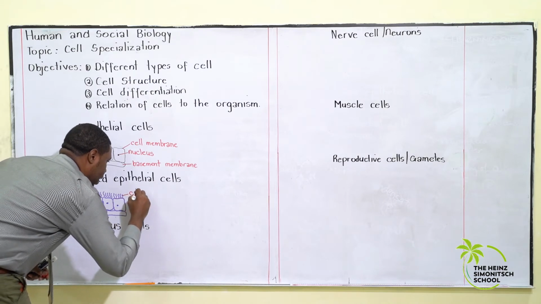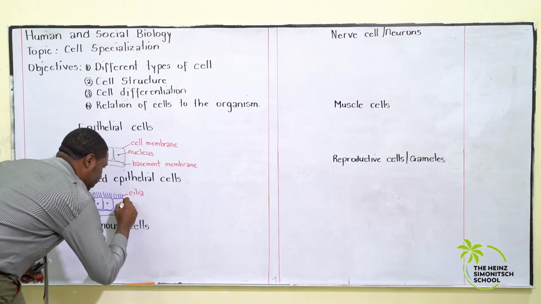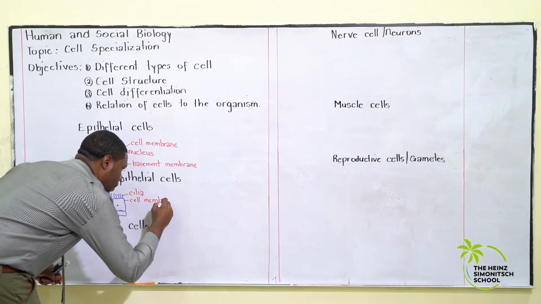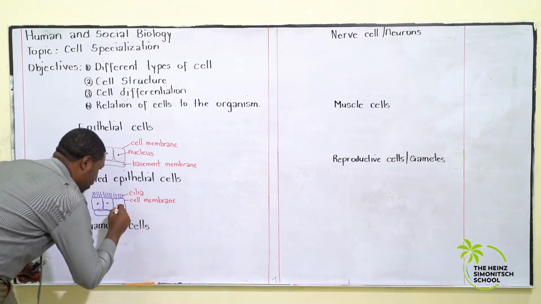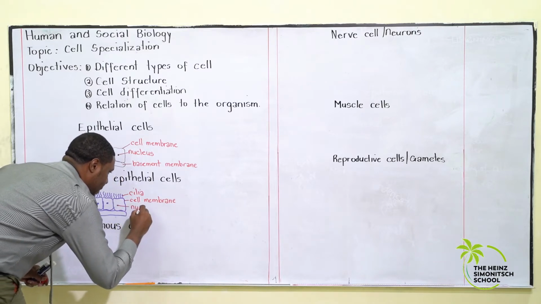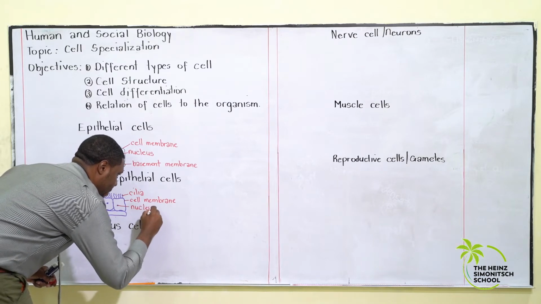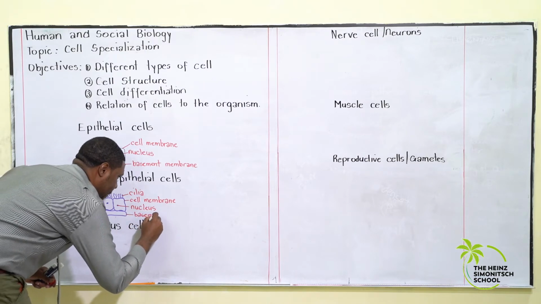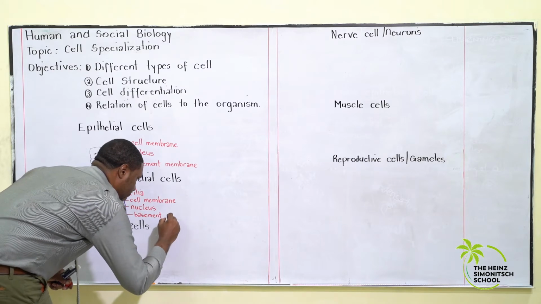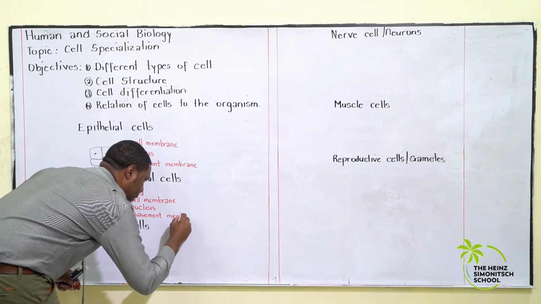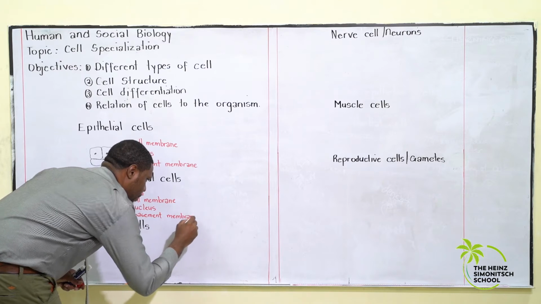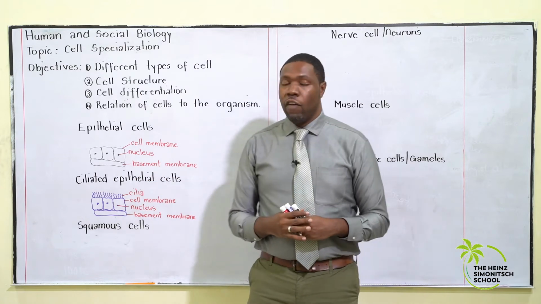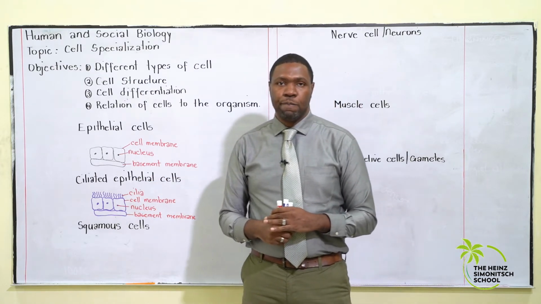We have cilia, the cell membrane, the nucleus, and the basement membrane. And there you have it, students, a simple drawing of the ciliated epithelial cell.